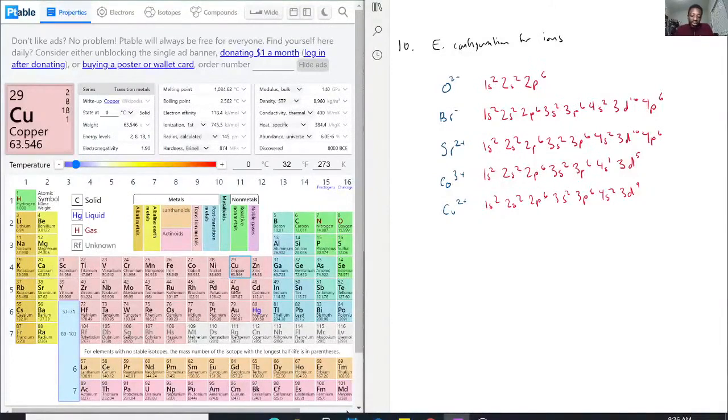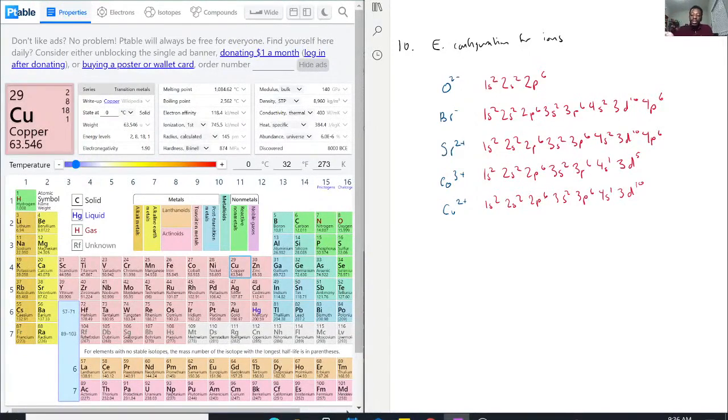Copper doesn't really lose much from going from 3d9 to 3d7, because why would we then get rid of the outer shell? But the tricky part is that the original copper would not even be 4s2 3d9, it'd be 4s1 3d10 as a full shell. So now here's where it becomes more complicated.